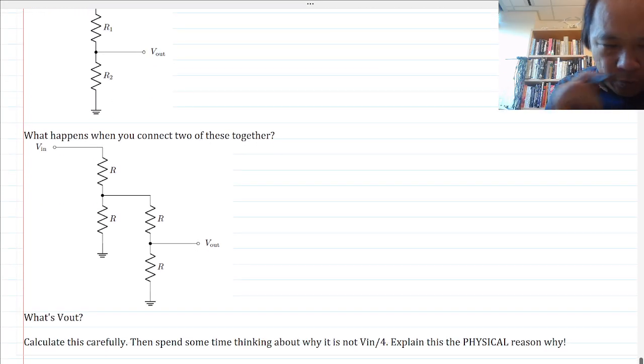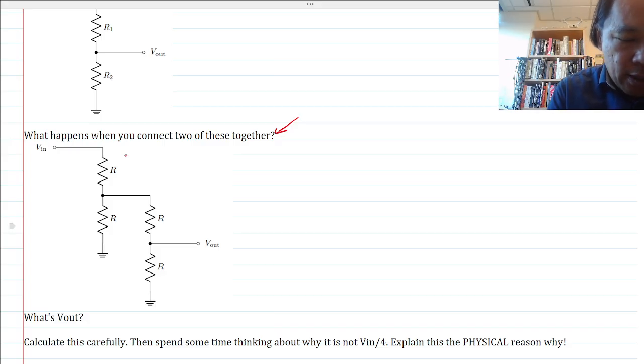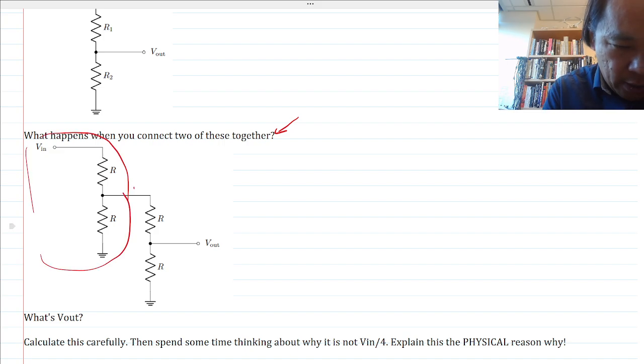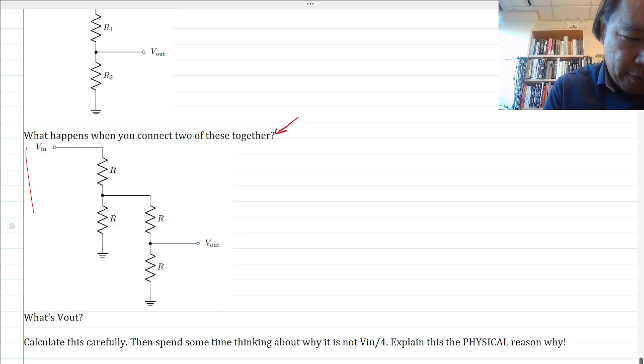What I'll wrap up with is a preview of the homework problem. If you connect two of these voltage dividers together, so this is one voltage divider here, and you connect the output of voltage divider 1 as the input for voltage divider 2, what is V out here?